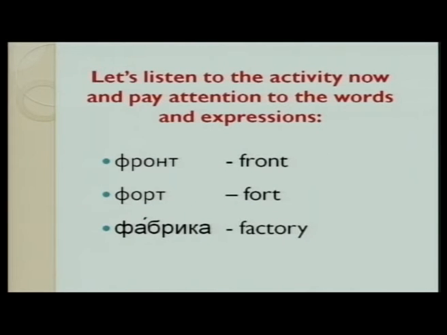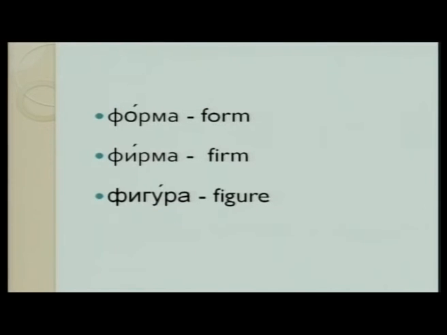Let us repeat these words once again. Front, which means front, fort, which means fort, fabrika, which means a factory, forma, which means form, firma, which means a firm, figura, which means a figure.